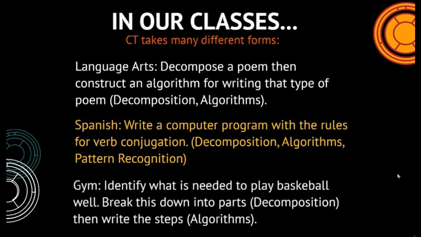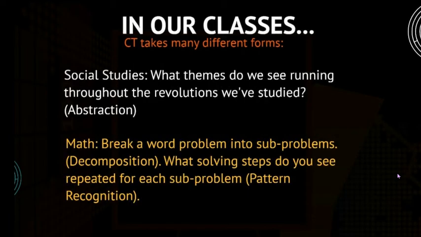Well, they could break it down into parts, and then they can write the steps to maybe making a good basket. That's an algorithm. In social studies, students may look at themes that they see reoccurring again and again whenever they study different revolutions. And by doing that, they're applying abstraction and also pattern recognition. And in math, students might break a word problem into subproblems. They'd be using decomposition to do that.